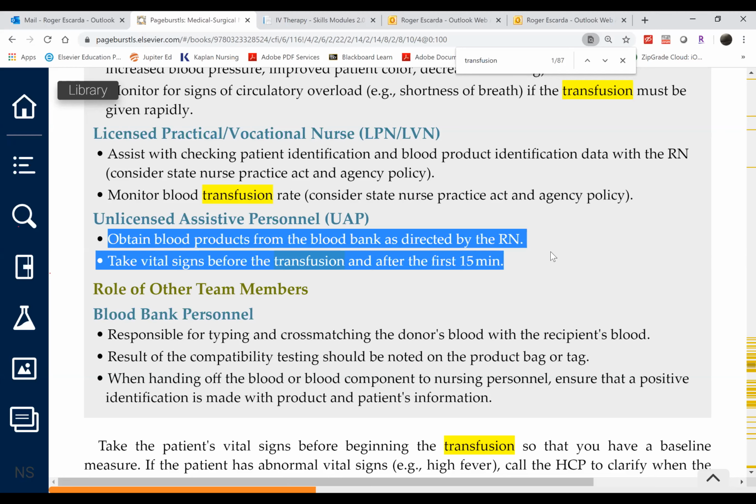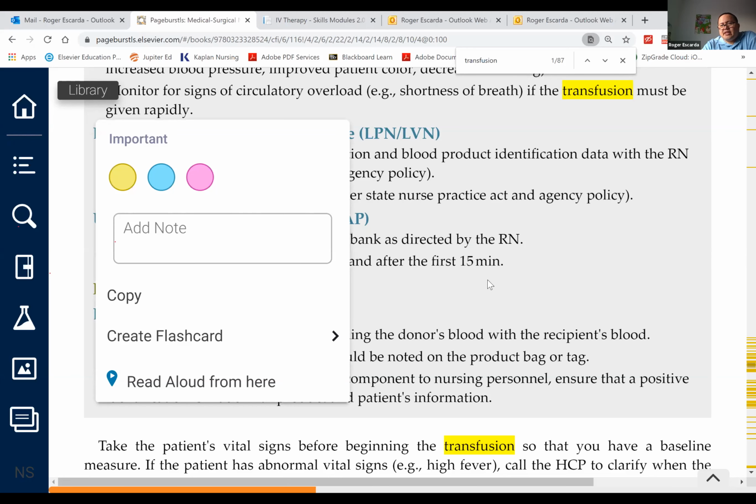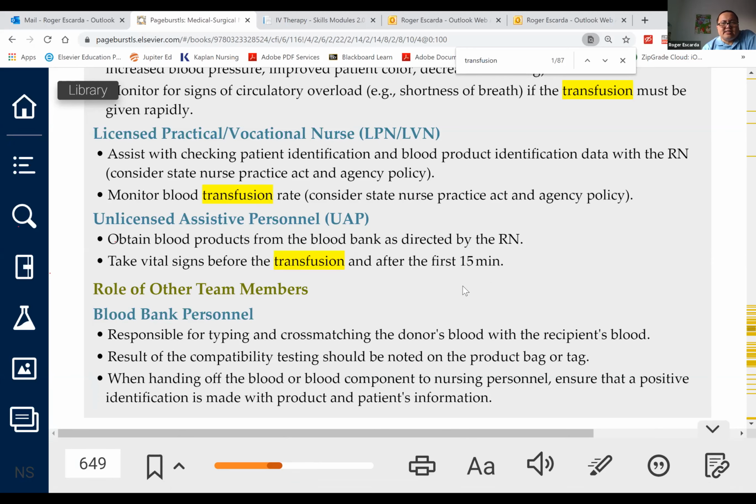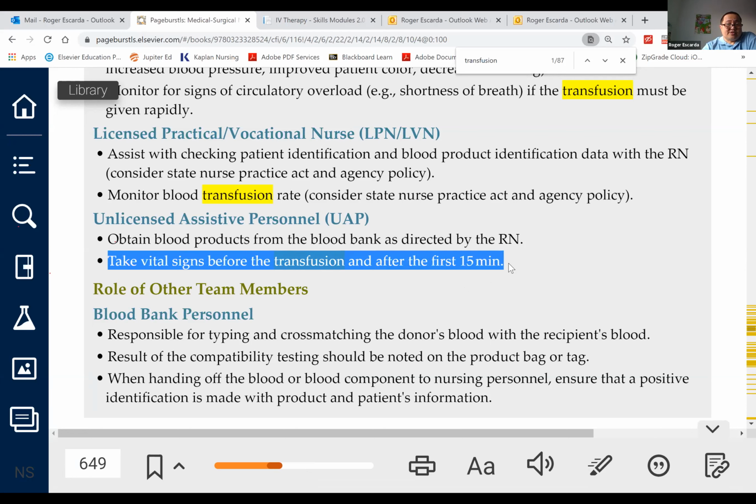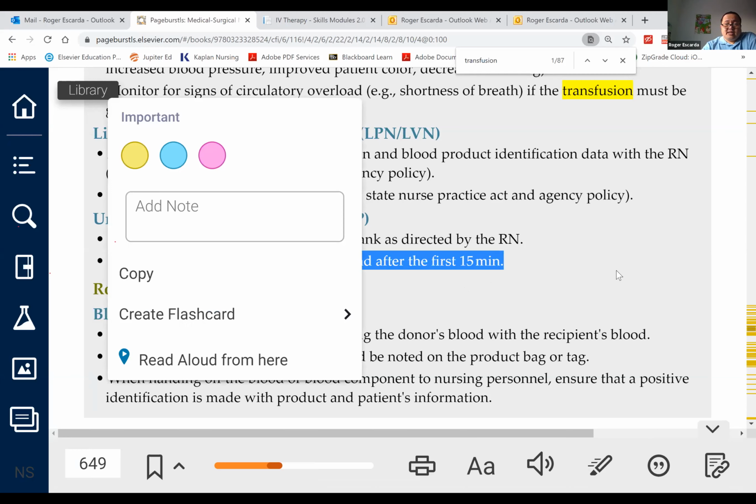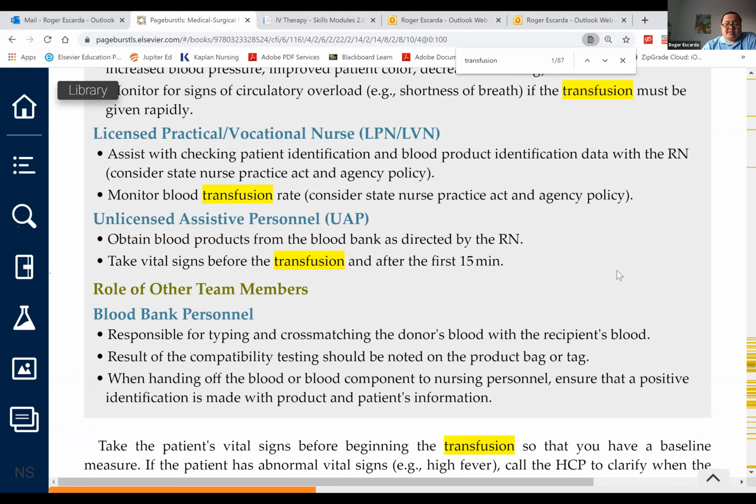But it's really depending on which vital signs during the procedure you can delegate to a CNA. It's the vital signs before you start the transfusion and the vital signs after the first 15 minutes. Is this clear?